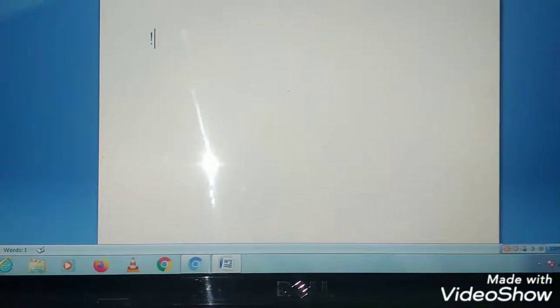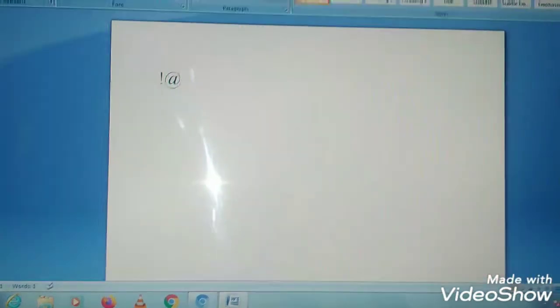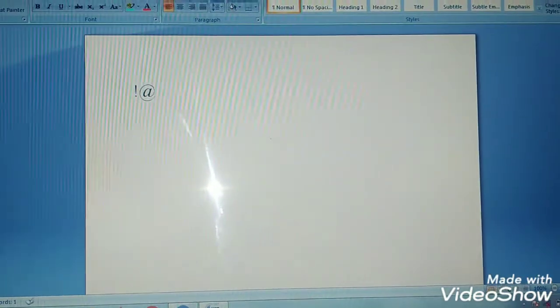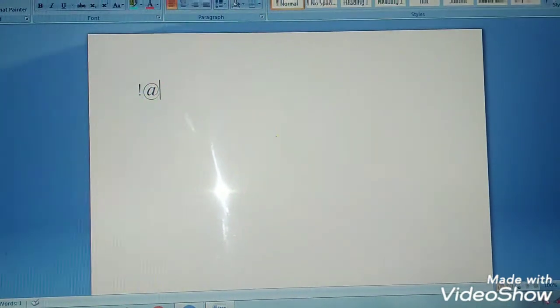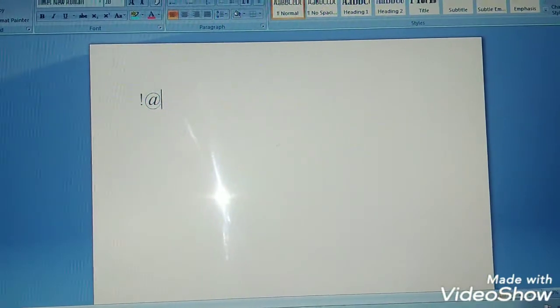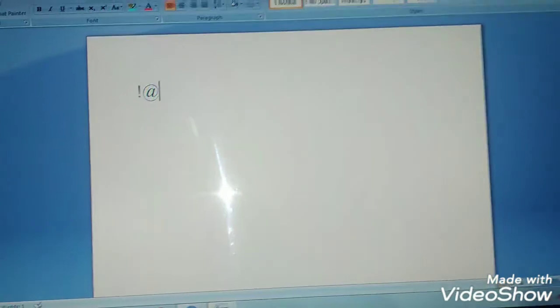When we again press shift and then the second number, you can see what is written on the monitor: the at sign.